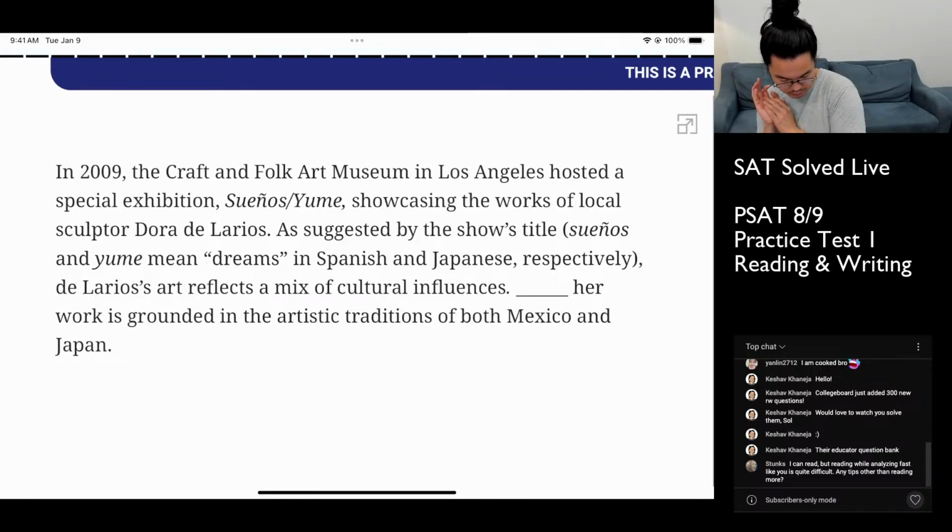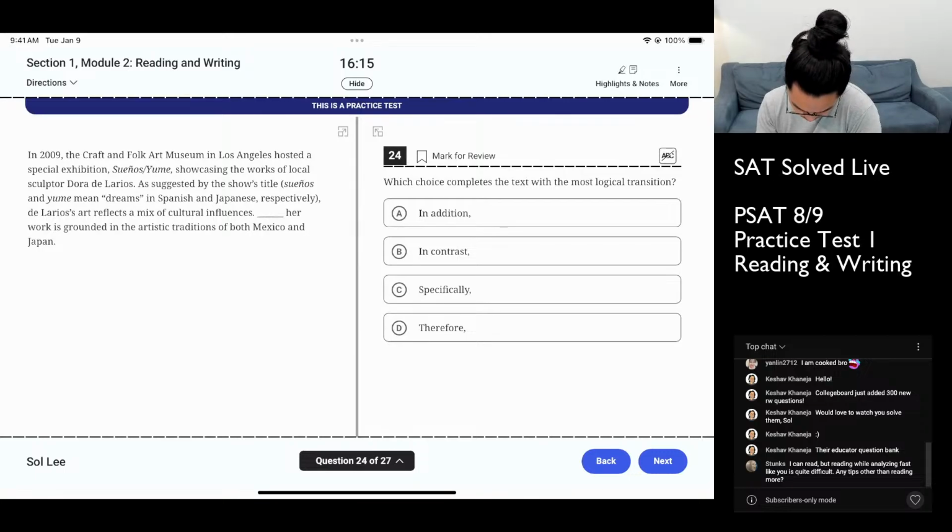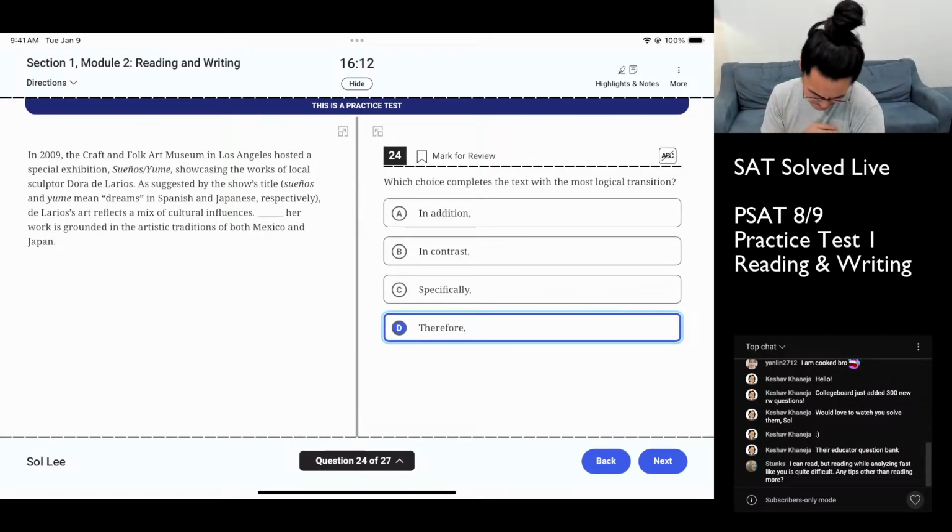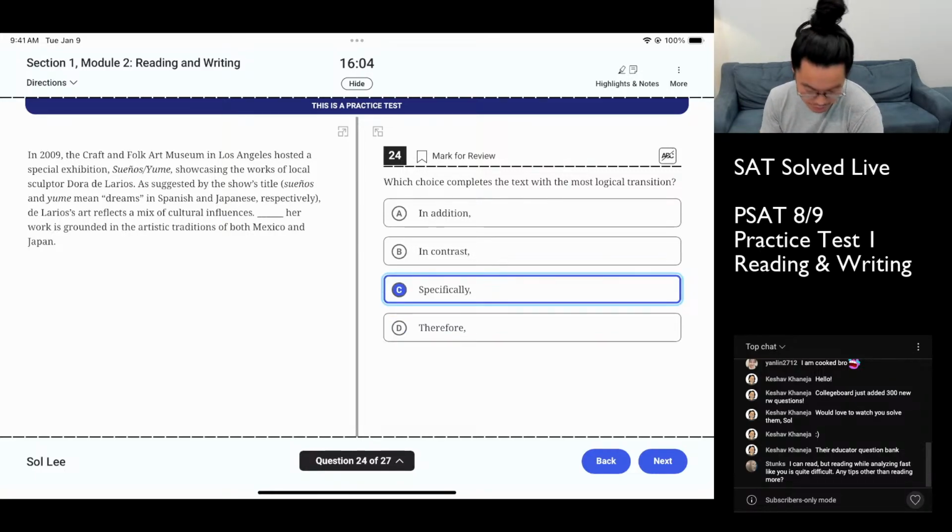In other words, we're just restating the previous idea. In other words, therefore, I don't like therefore. That's so stupid. You shouldn't say therefore, but okay, it's the only one. Oh no, specifically, I'm being stupid. God, I'm glad that I. Whoa.